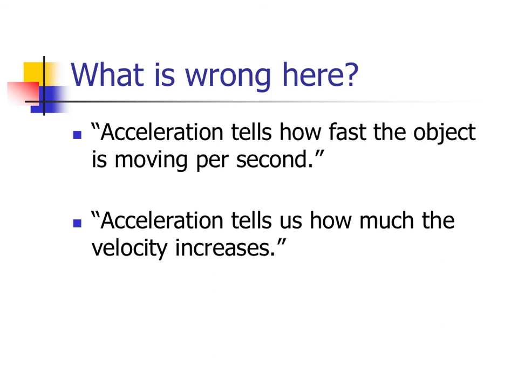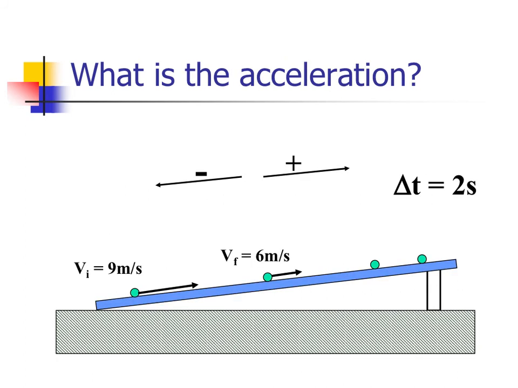It could be whatever that may be. Acceleration can be increasing or decreasing, depending upon what's happening. Here would be an opportunity when we see the object going up the ramp.